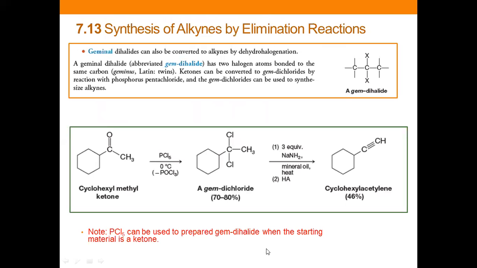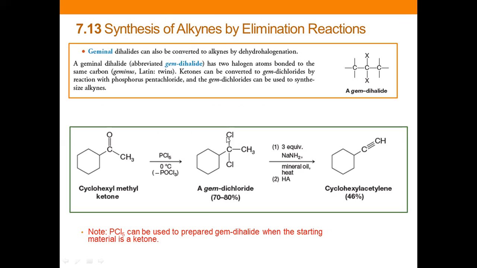Let's go to the second way of preparing our alkynes. It's by the use of a vicinal dihalide. If you have your vicinal dihalide, this one, we can obtain our alkynes in the same manner, where we first abstract our proton.